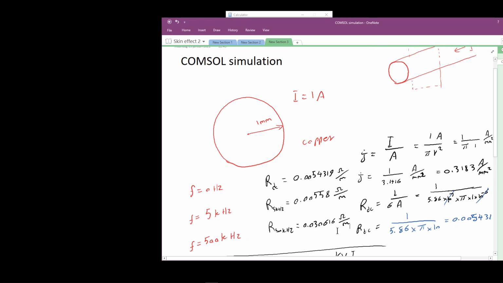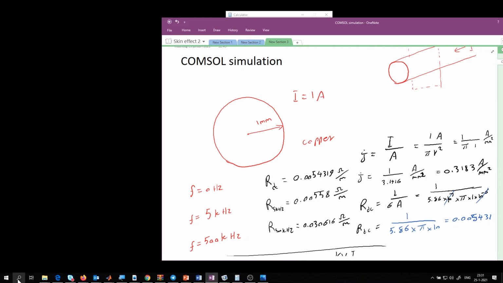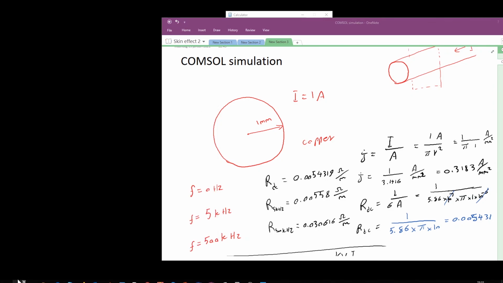So you already noticed that between this case and this case, there is not much difference in the AC resistance. The AC resistance in this case is more or less similar to the DC resistance.